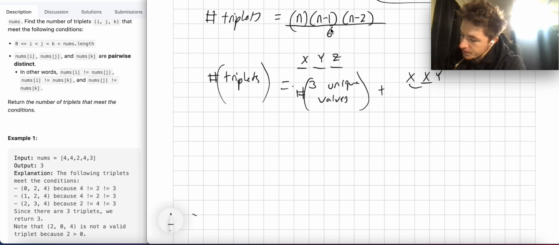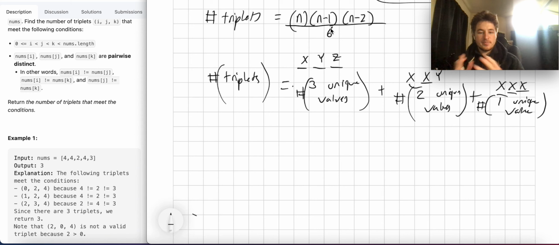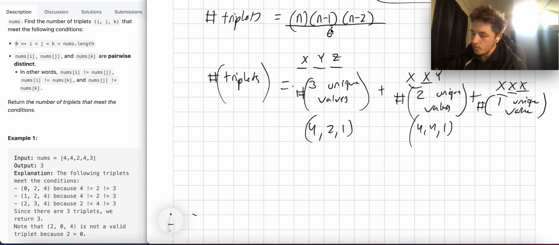And then there's the case where there's only 1 unique value. All of the triplets can be broken into 3 cases: 3 unique values, like 4, 2, 1; 2 unique values, like 4, 4, 1; and 1 unique value, 4, 4, 4.